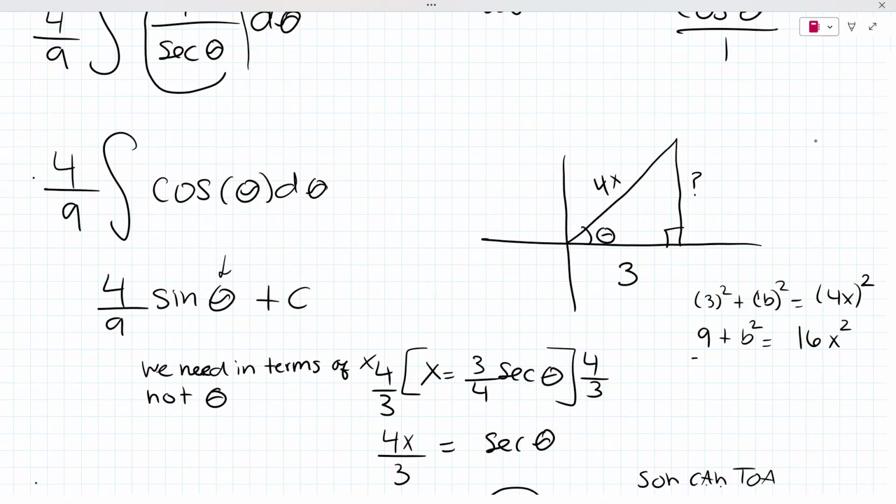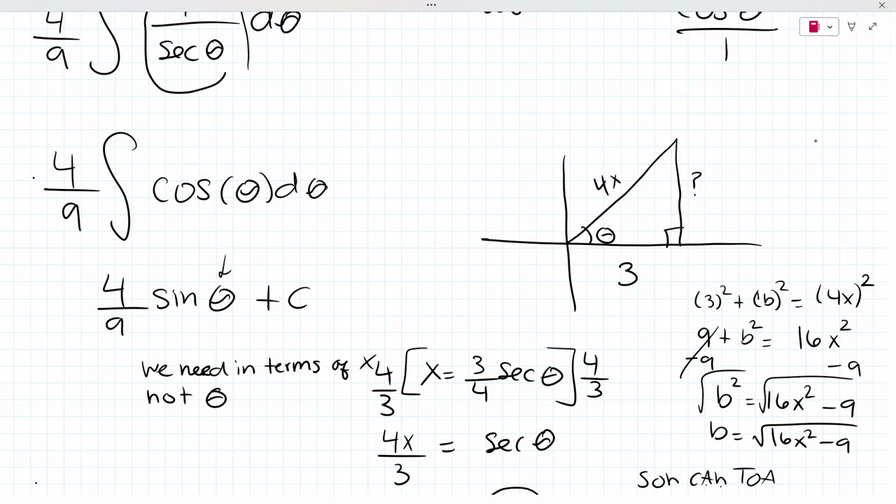And then solve for b, so you're going to subtract 9. I get b squared equals 16x squared minus 9. Solve for b. So b is the square root of 16x squared minus 9.